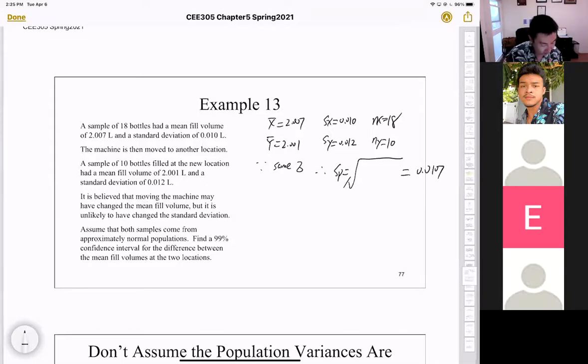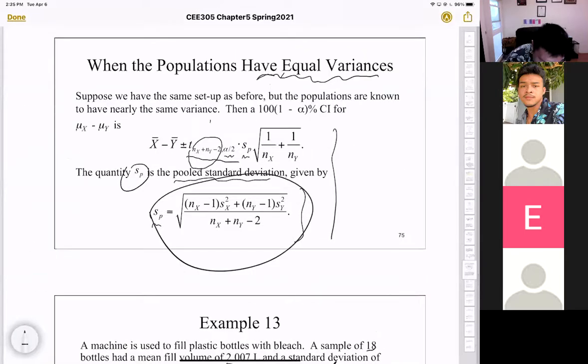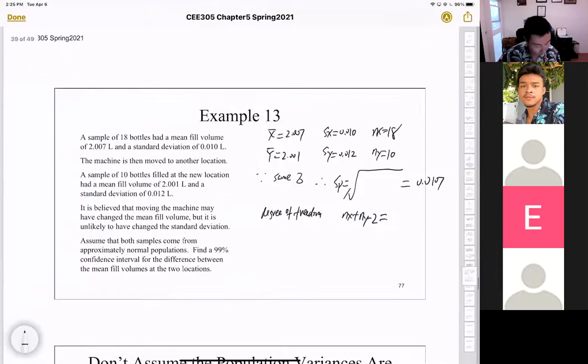And for the degree of freedom, that is nx plus ny minus 2. Because here, this is the degree of freedom, nx plus ny minus 2. So that's 26 degrees of freedom.